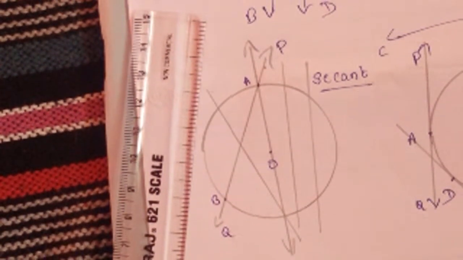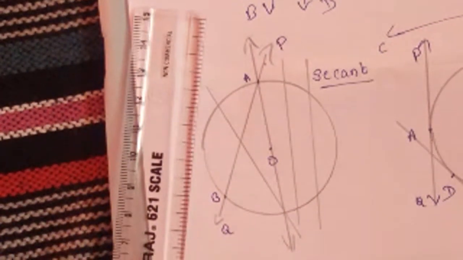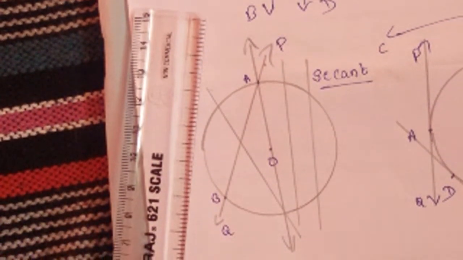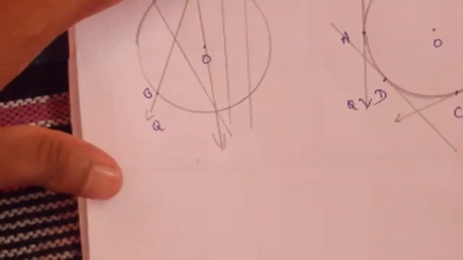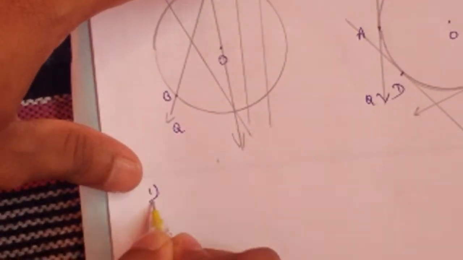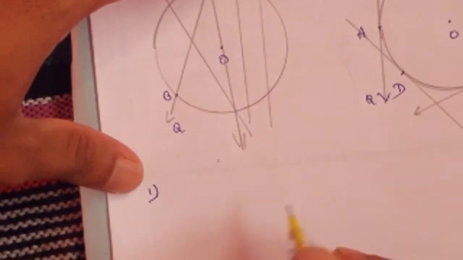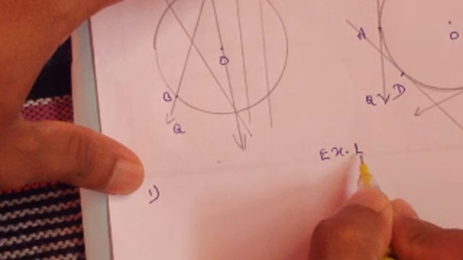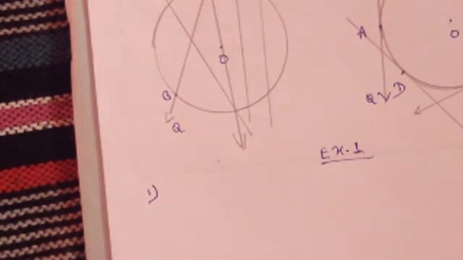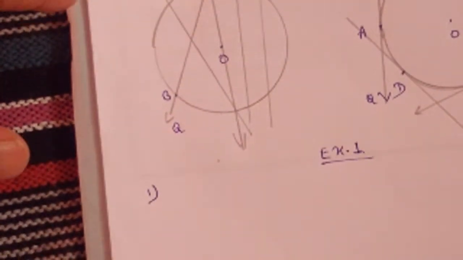So directly we will come to the exercise. In exercise 1, the first question: How many tangents can a circle have?